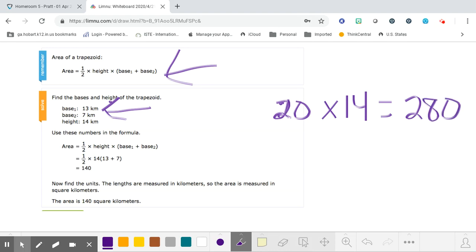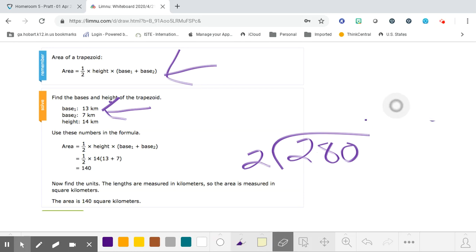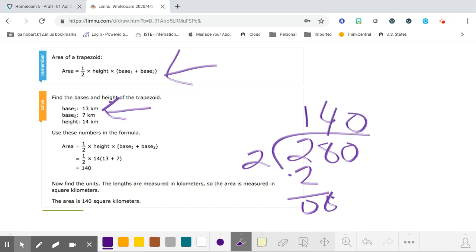Then you take that 280, and since you're doing half, you're going to divide that by 2, which gets you 140, as you can see. And that's it. Your area then becomes 140 square kilometers.